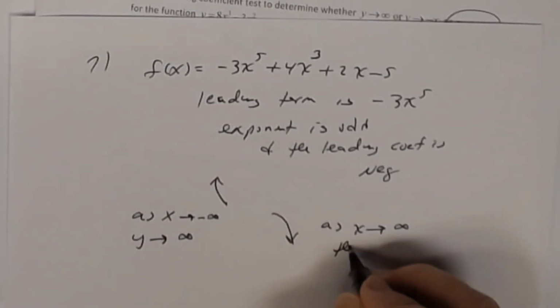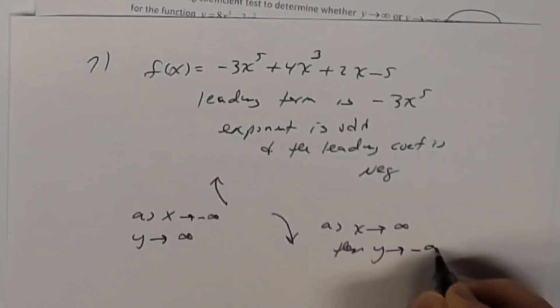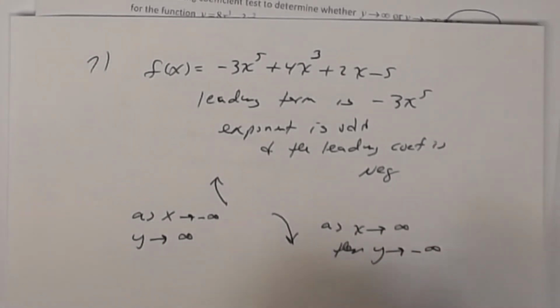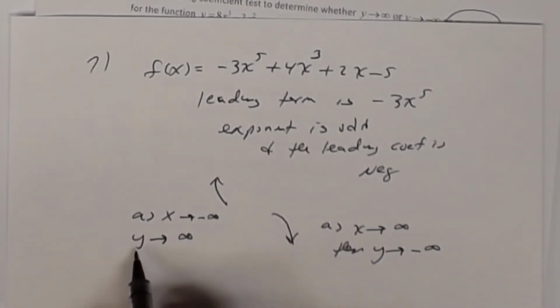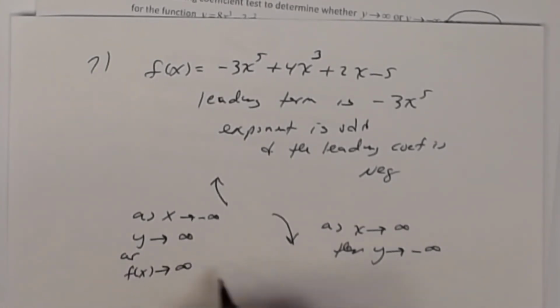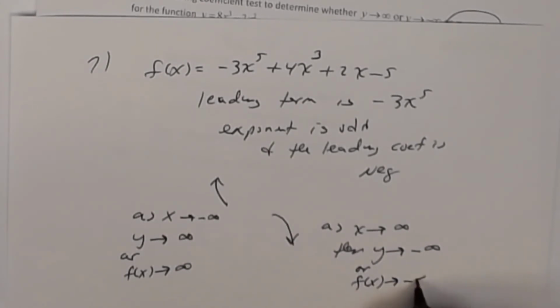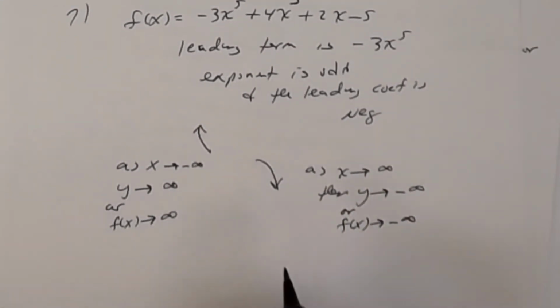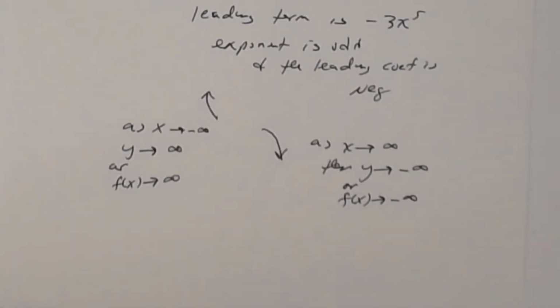So y approaches negative infinity. And just remember that y means the same thing as f of x. So f of x approaches infinity, or here f of x approaches negative infinity. And all you have to do is pick the correct choice that goes with what we just discussed.